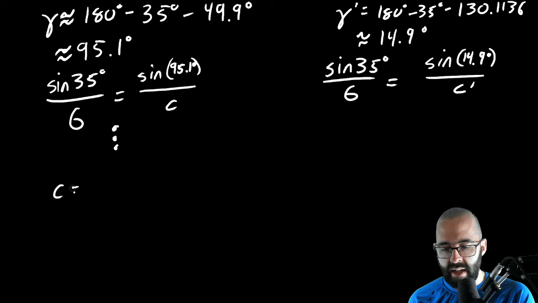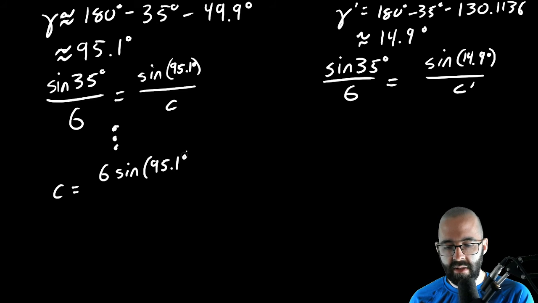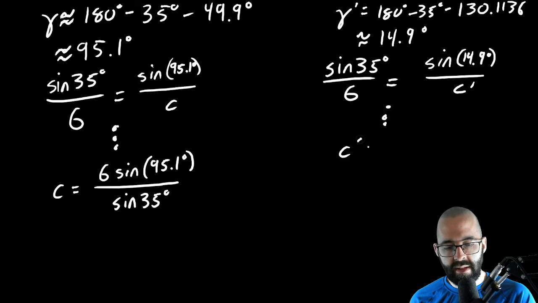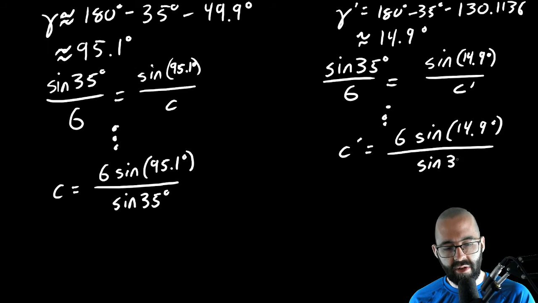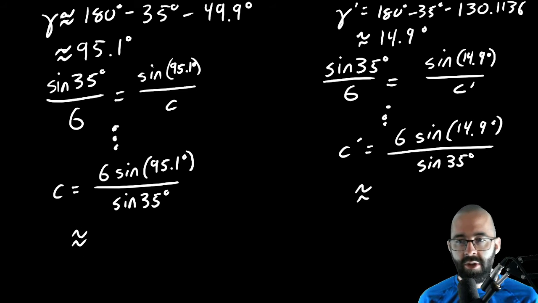C is equal to 6 sine of 95.1 degrees divided by the sine of 35 degrees. Likewise, C prime is going to be 6 times the sine of 14.9 degrees divided by the sine of 35 degrees. Type these into a calculator and you'll be good to go.